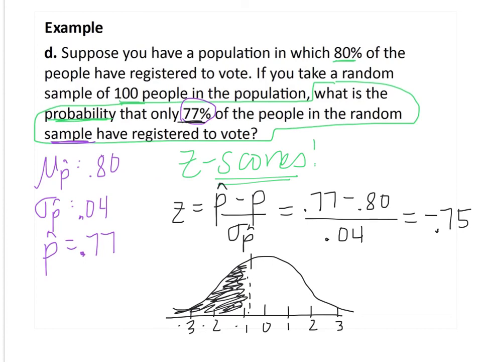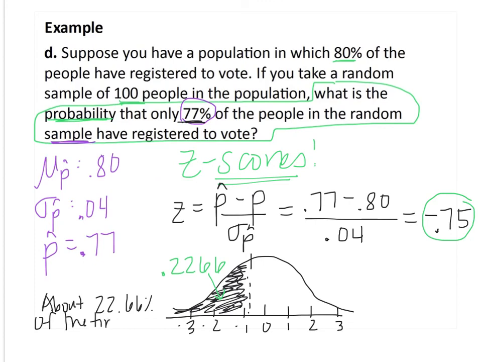When I look at my normal curve, this area is 0.2266, or about 22.66% of the time you will have 77% or fewer people in your sample register to vote.